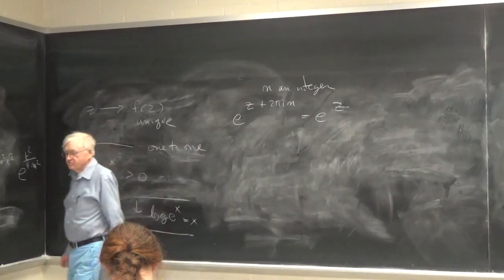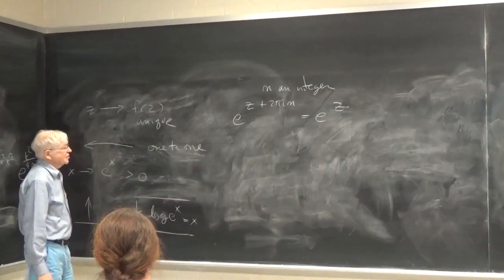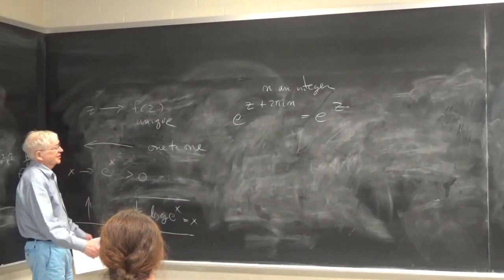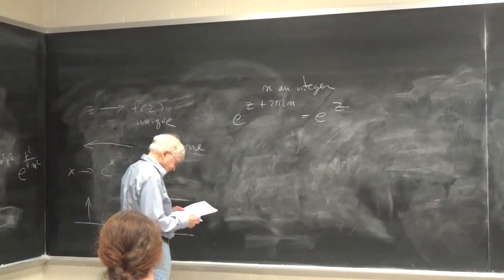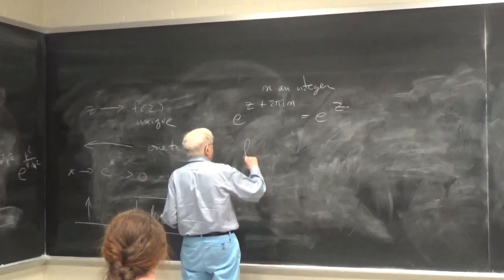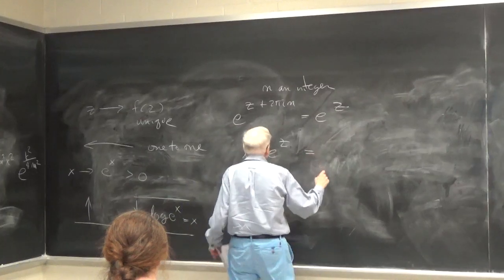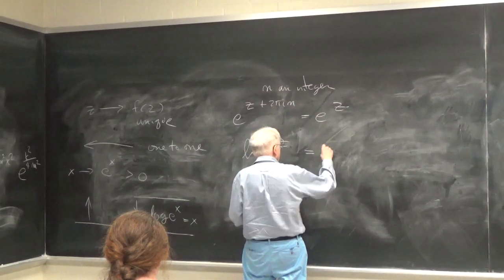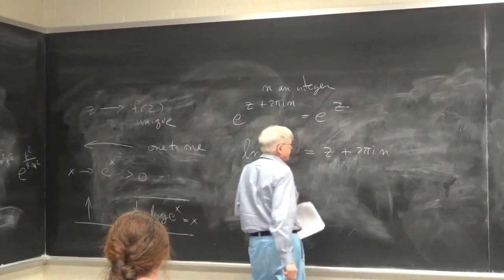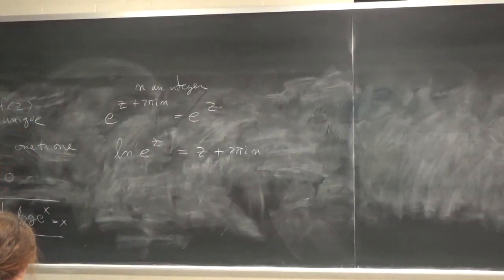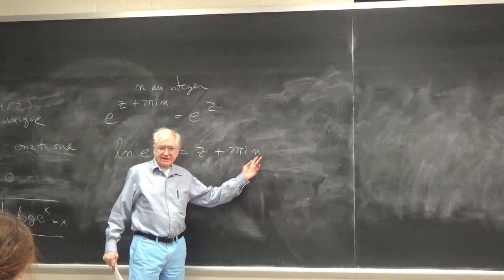So this is why the exponential function isn't 1-to-1 on the complex plane. And so the log of e to the z is z plus 2 pi i n. And this is true for any integer n.